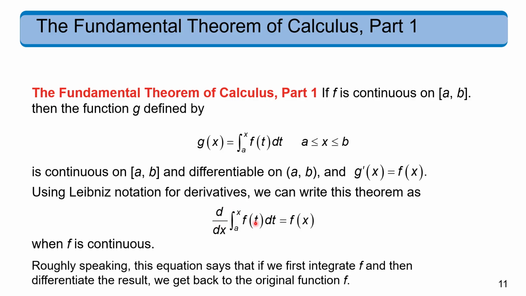You start with f, you integrate, you differentiate, and you're back to f. That's what's summarized down here. This is the important result of this theorem, connecting differential calculus and integral calculus by saying that differentiation and integration are inverses of each other.